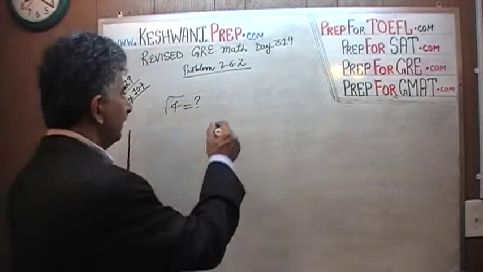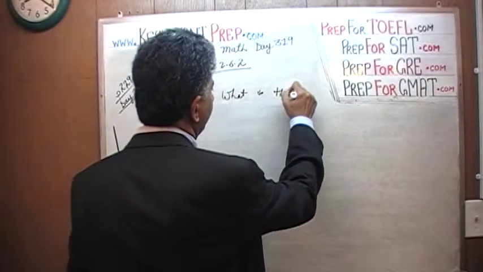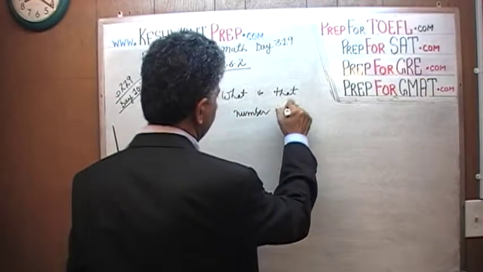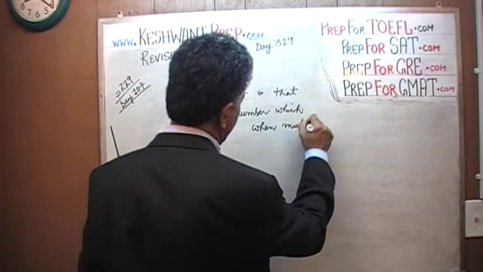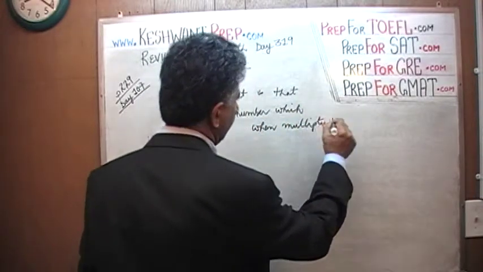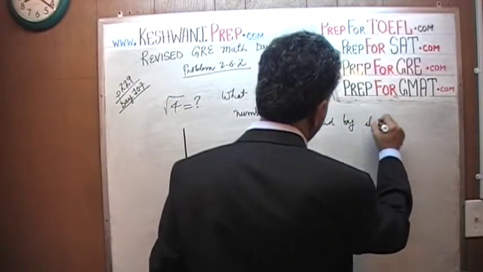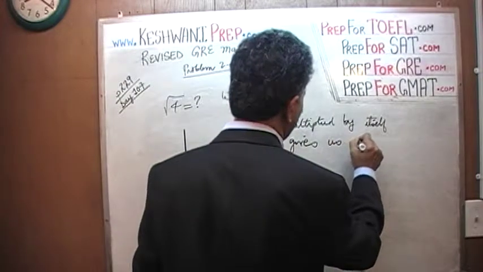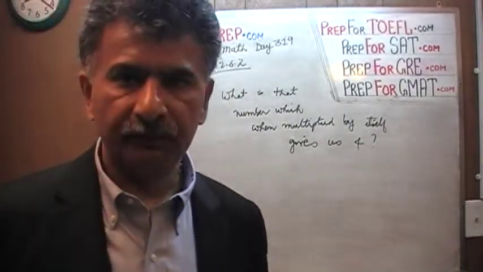What the question is asking here is, what is that number which, when multiplied by itself, gives us 4? And you know the answer? Of course you know the answer.